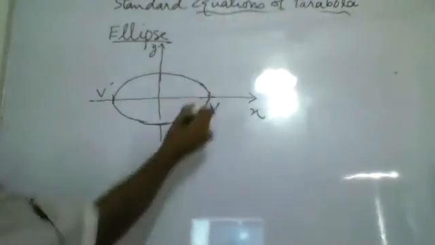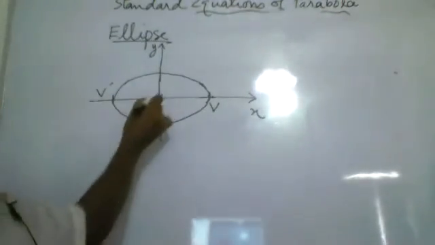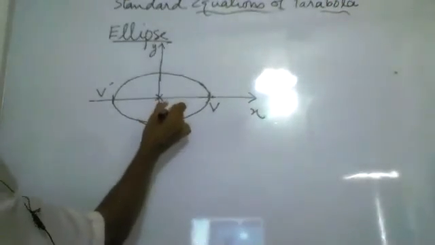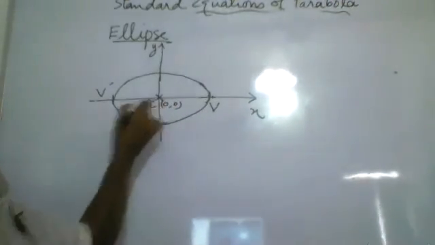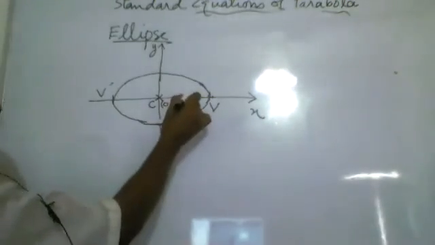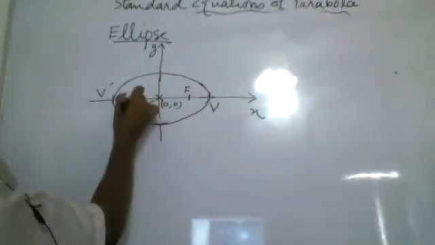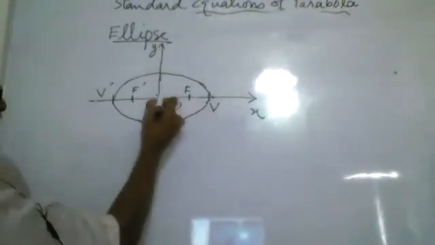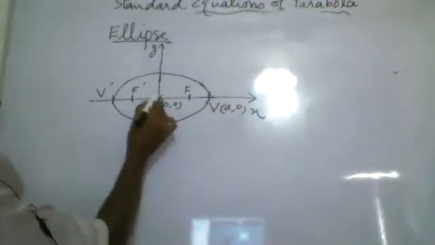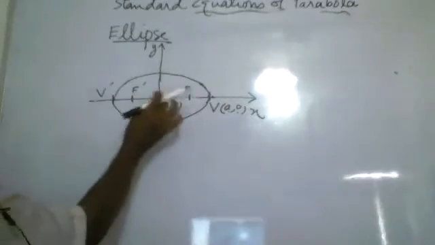There is the center in between them, at the mid of V and V dash. This is the center at the origin. There are two focus, foci. One is F, the other is F dash. From the center to the vertex the distance is A, comma 0. From the center to the other vertex, the same distance.